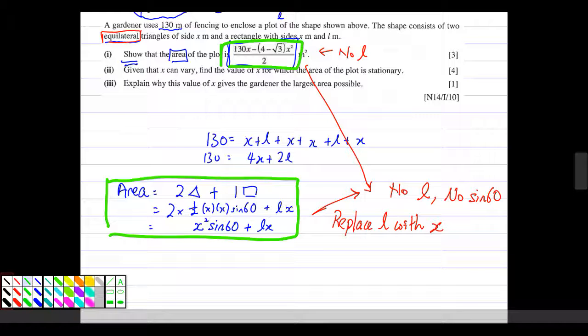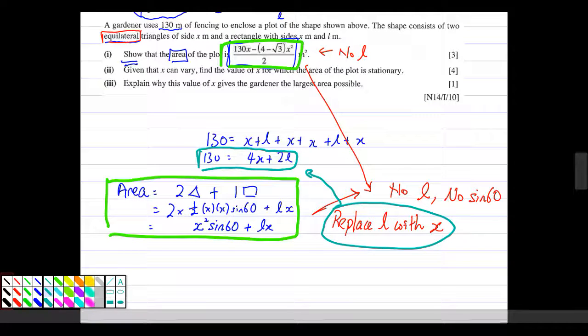Anyone can tell me how do I do this? Using what? The equation on top. Does it make sense? So these questions always involve simultaneous equations.